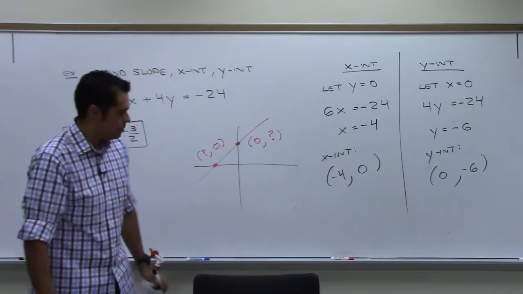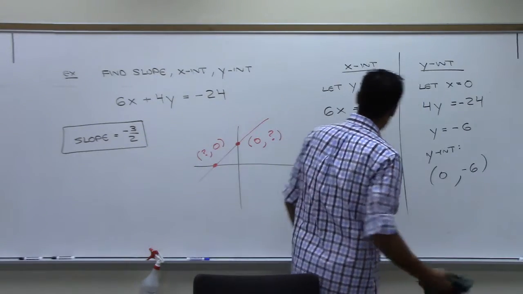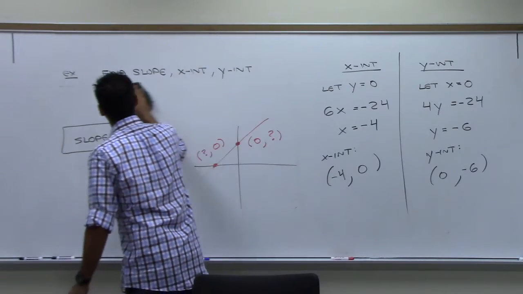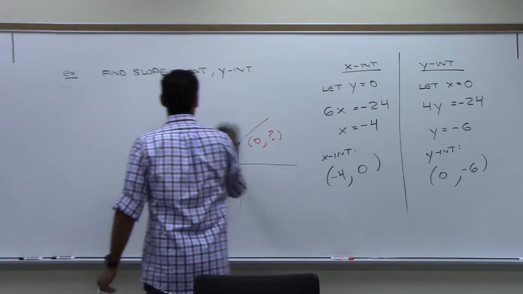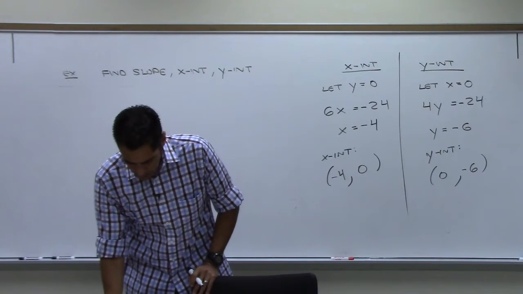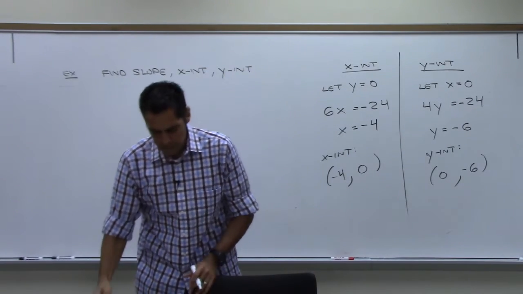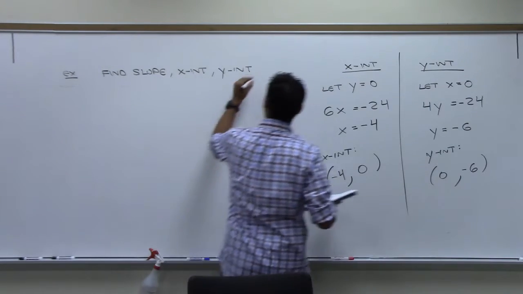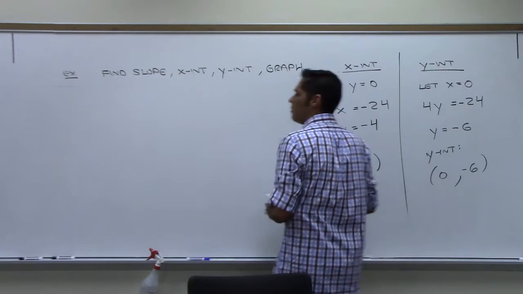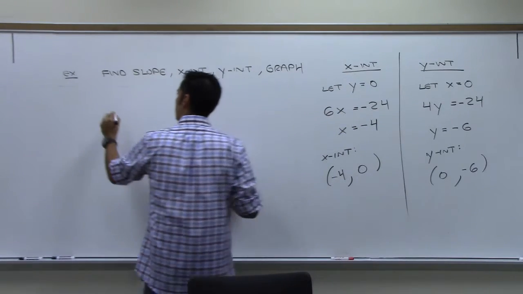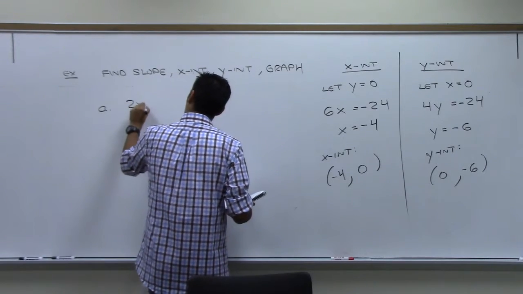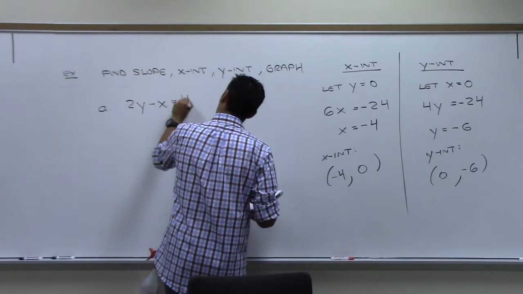So now it's time to see if you understand any of that. I'm going to give you a problem to do. I want you to find the slope and the y-intercept and the x-intercept, and I want you to graph the line. So I'm adding one more thing onto this. And let's do a couple of these. We'll do part A. Let's do 2y minus x equals 4.